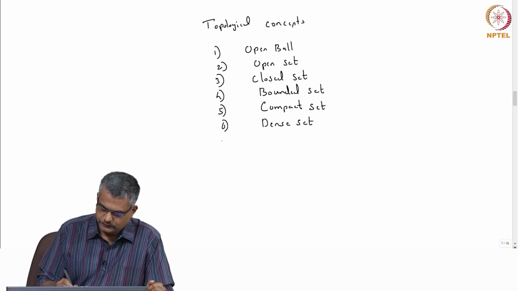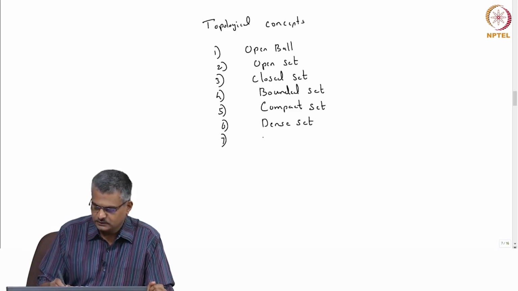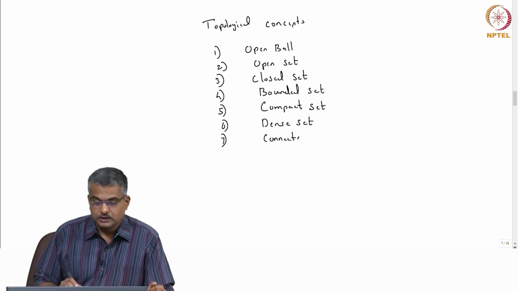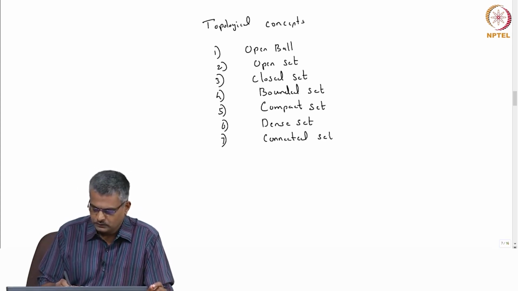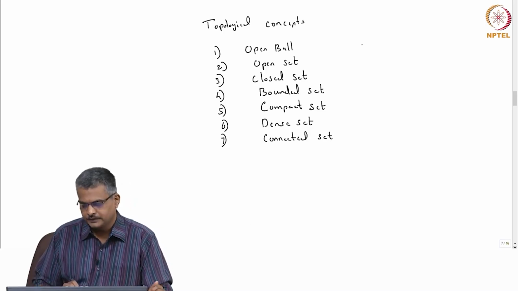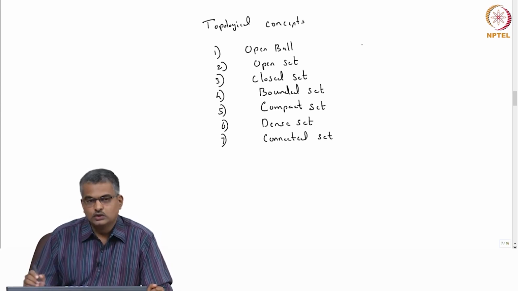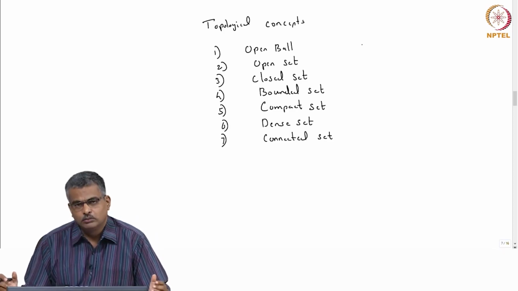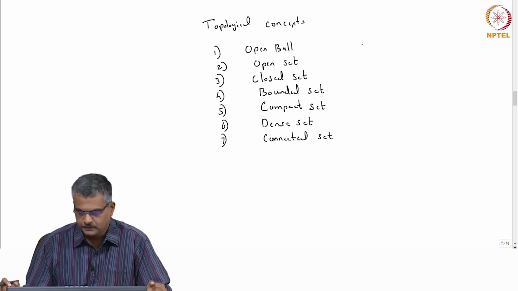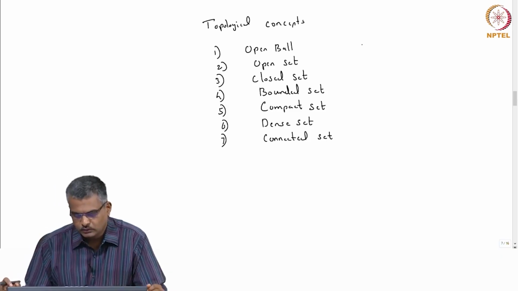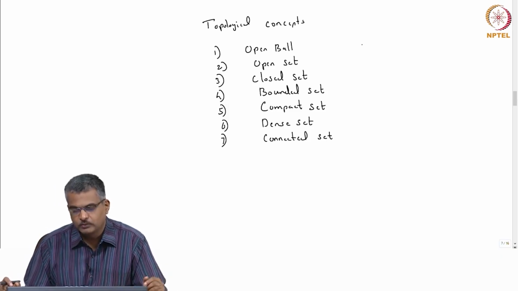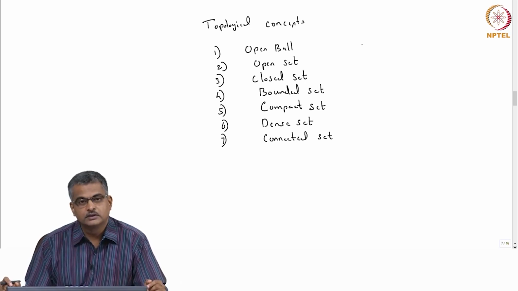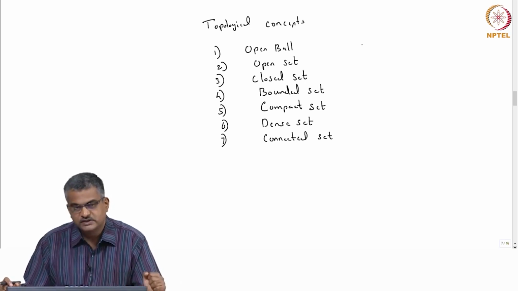Then we also need the notion of dense set, and we will also need the notion of connected set. So, these are building blocks when you study point set topology. With whatever notions we have already studied, the norm of a vector and the inner product, we should be able to define all these sets.